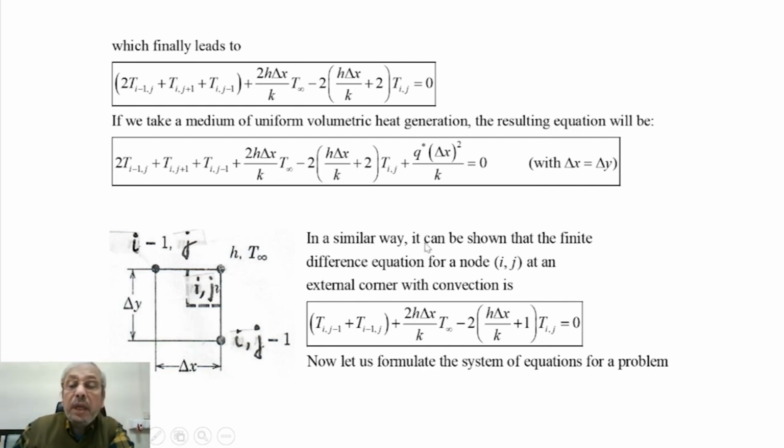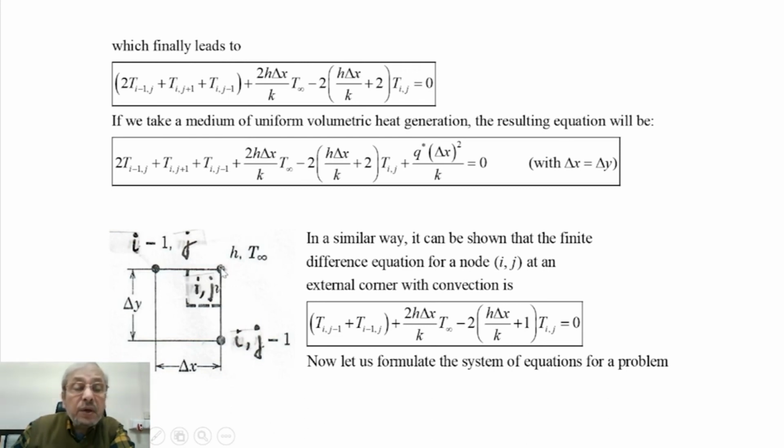In the same way it can be shown, the way we did the energy balance, the governing equation for a node which is located in such a way that it forms an external corner.